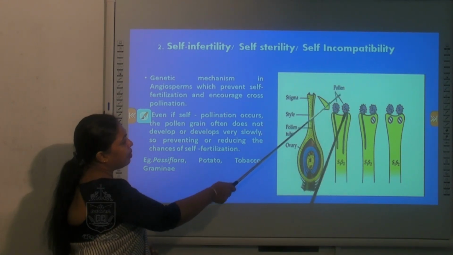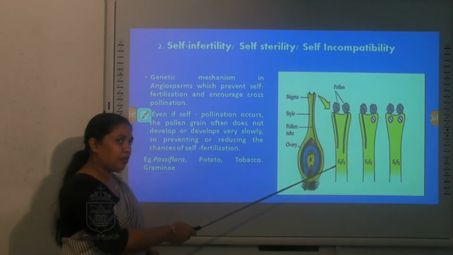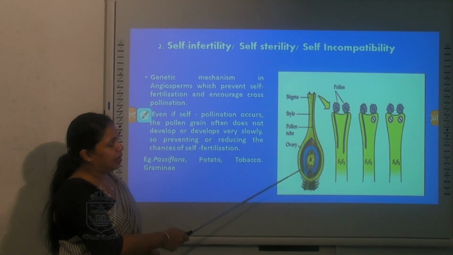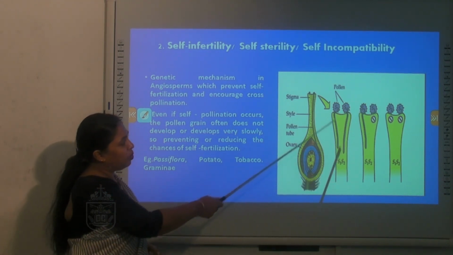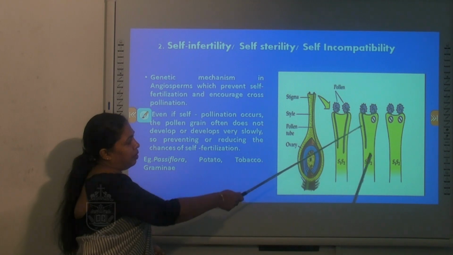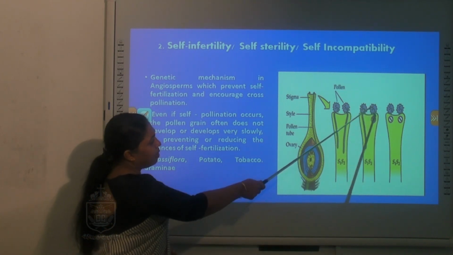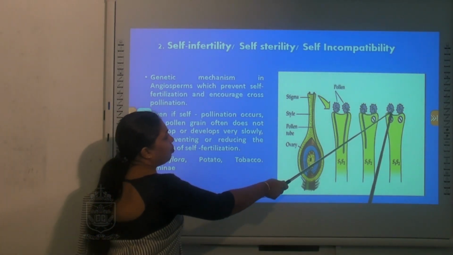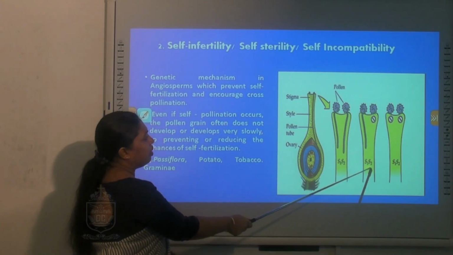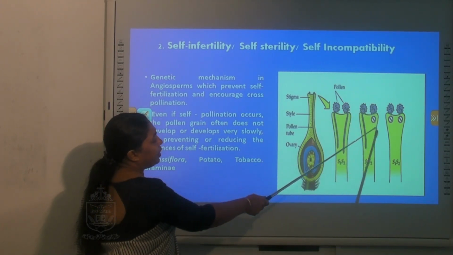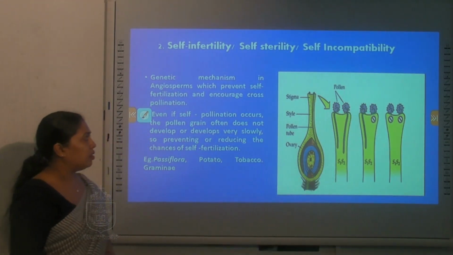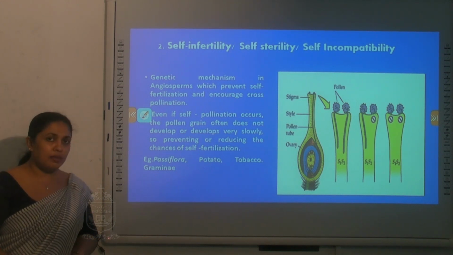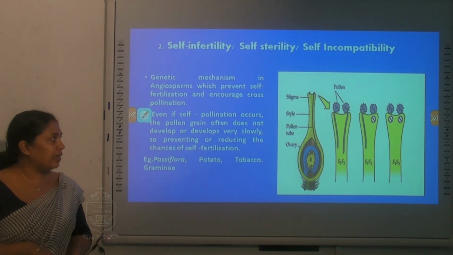And the pollen grains are S3 and S4. It means they come from another plant of the same species. So the pollen tube develops. But when S1 and S2 pollen grains are coming, the pollen tubes are not germinated. So this phenomenon is known as self-sterility.